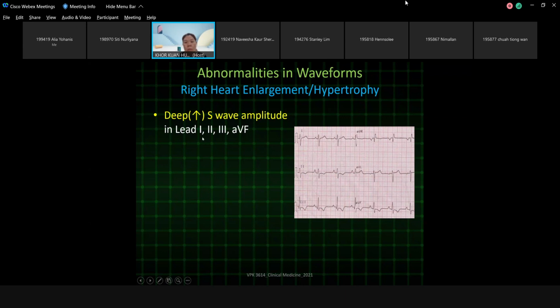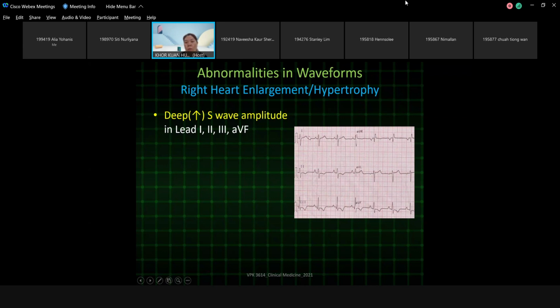And in human medicine, they will always ask you to see the other leads as well, because consistently it will be there. So for example, in lead 1, Q, R, S, a very deep S. AVF, same also. Q, R, S over here. But this one is deep, yes, slightly low.